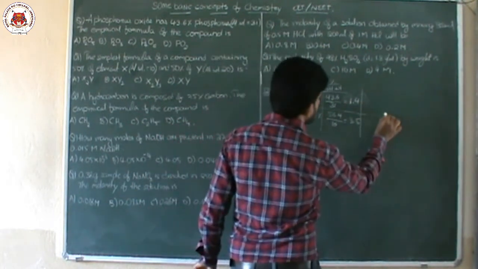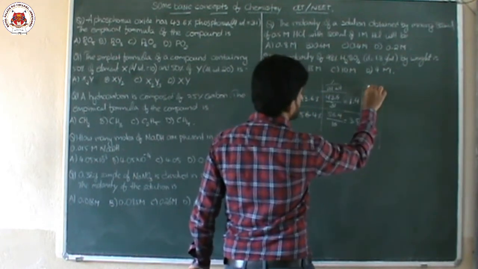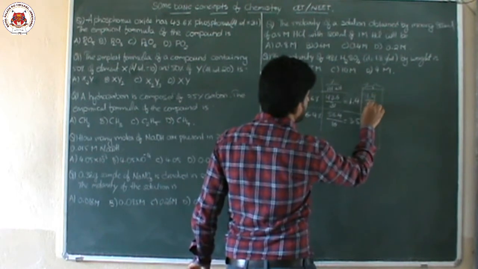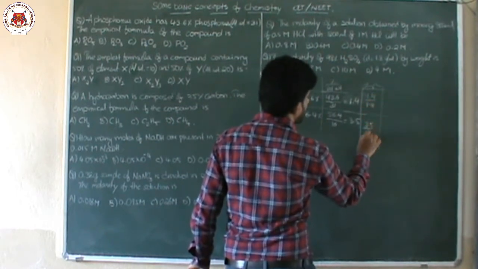Now next, what do I need to do? Simple ratio. For the simple ratio, you need to divide with the least number: 1.4 divided by 1.4, and 3.5 divided by 1.4.